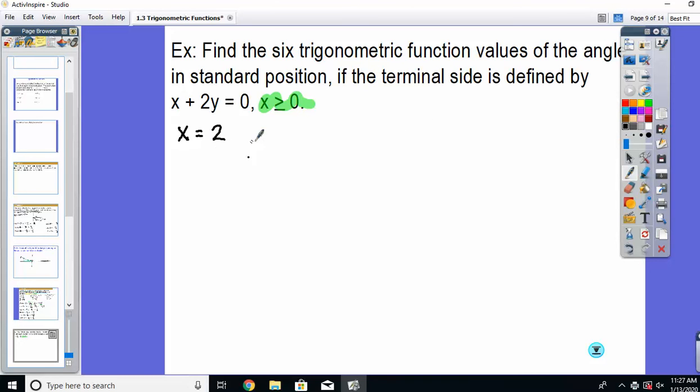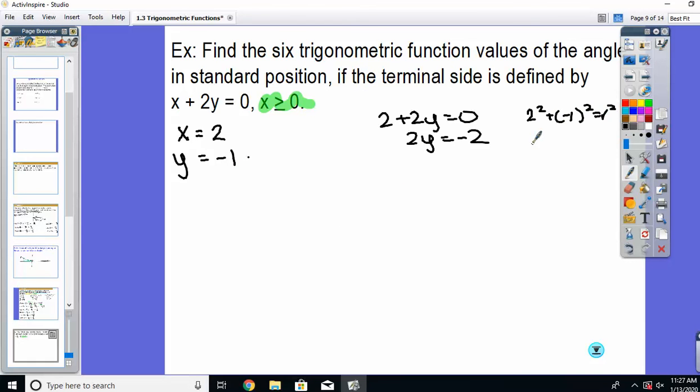So then if you plug that in, you get y to be -1. So now find r. 2 squared plus -1 squared equals r squared.